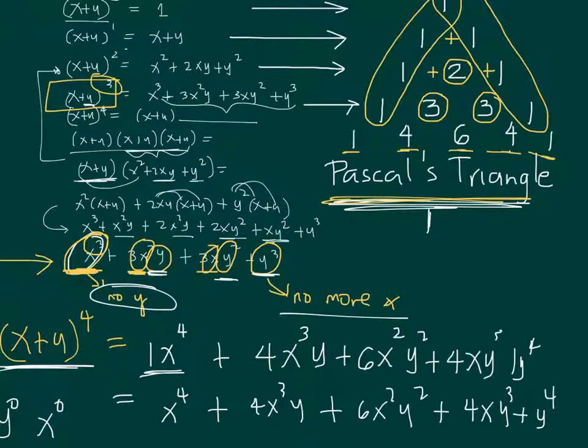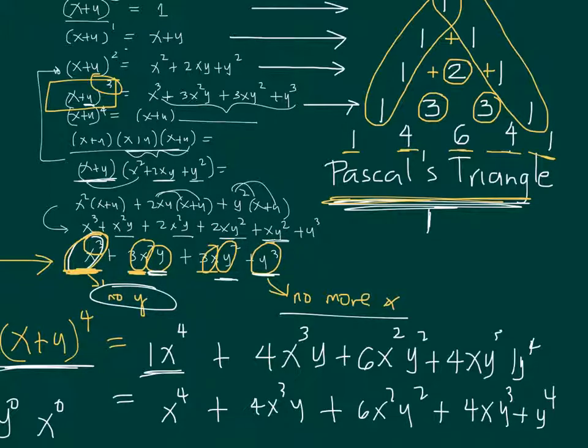is the expanded form of x plus y to the 4th. Okay, so as you can see, we can expand a binomial to the desired exponent by combining the concept of the Pascal's triangle and the pattern that we could see from the x and the y.